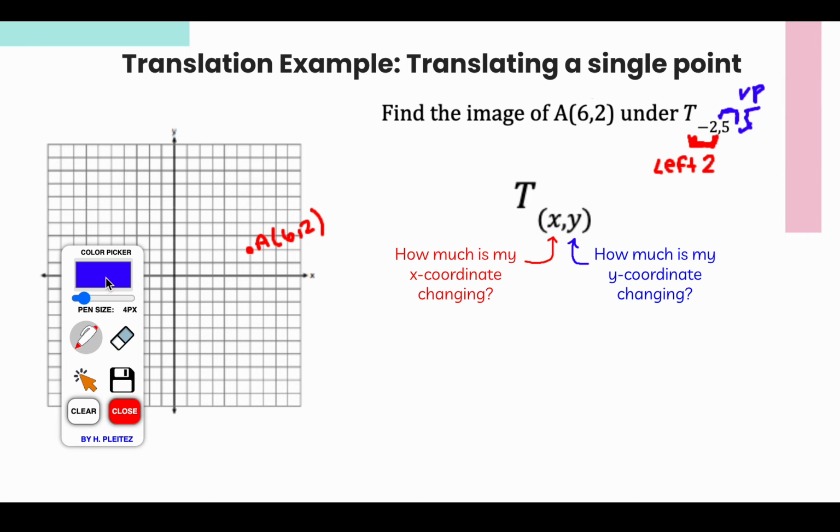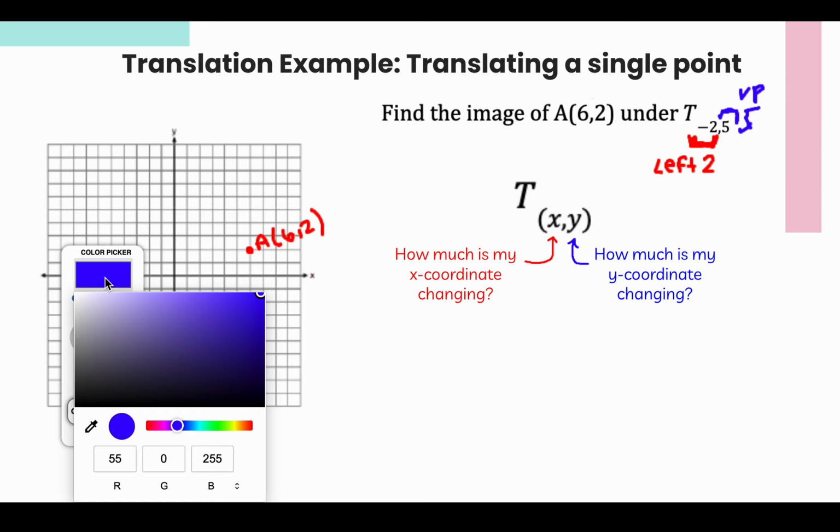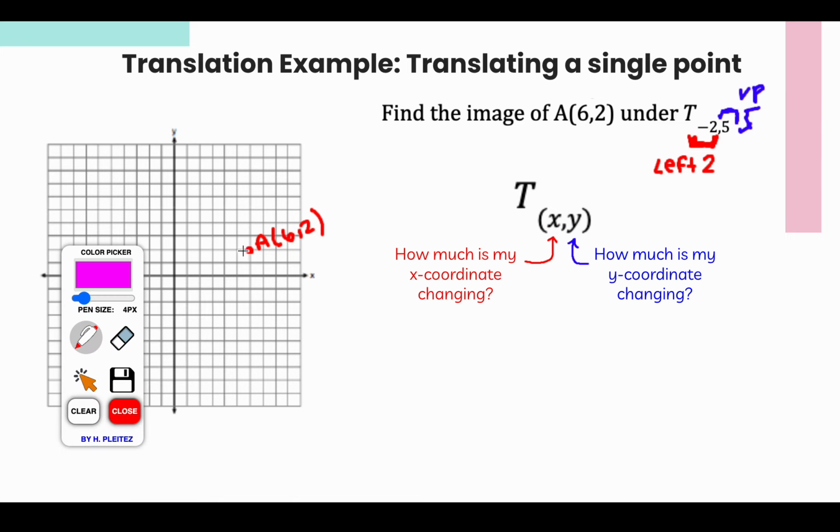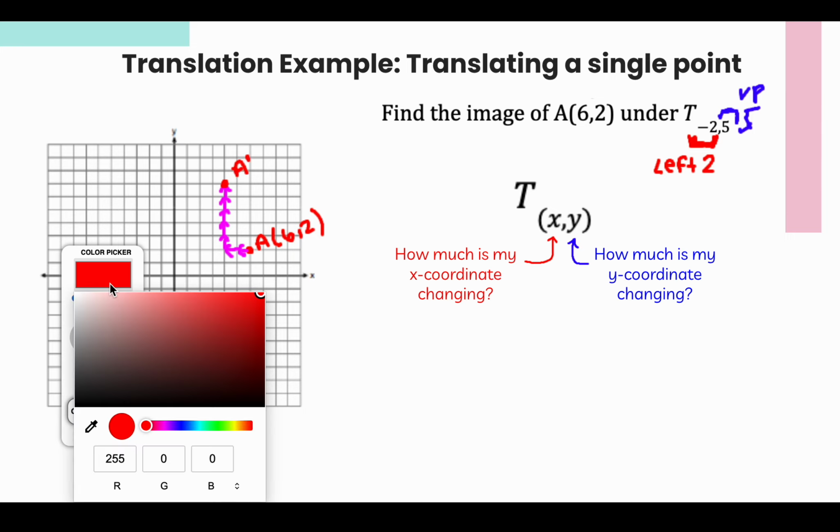So there are two different ways that you can do this. If you have a graph, that's great. If you have a graph, you can simply just take your graph and show this movement. So we're moving to the left 2, which is like that. And then we're moving up 5. So 1, 2, 3, 4, 5. So our point A prime is going to end up right here. Now, if you don't have a graph, you can simply add things to your coordinate.